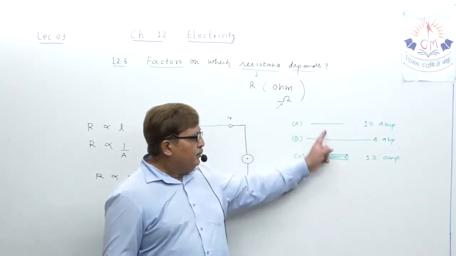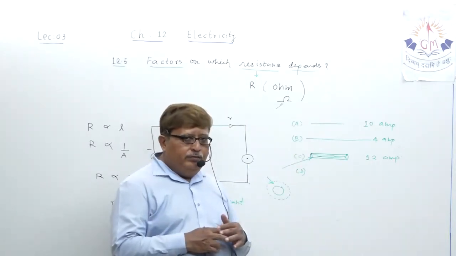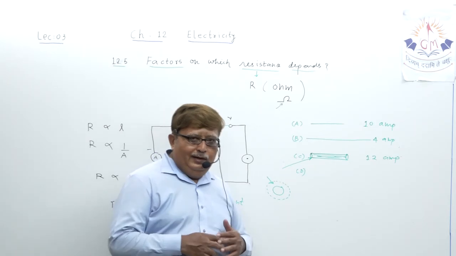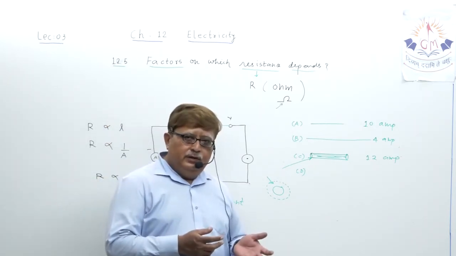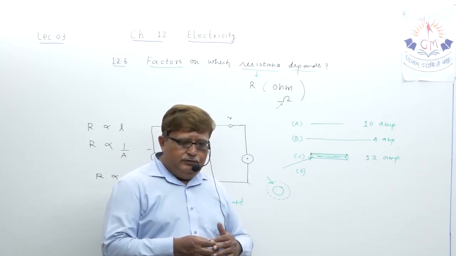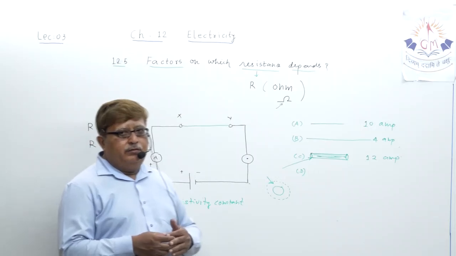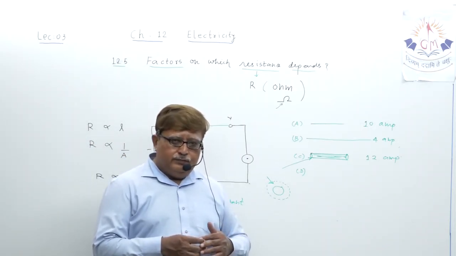First, that is the length of the conductor. Length increases, resistance increases. Length decreases, resistance decreases. Second, it depends on thickness, means area of cross section.